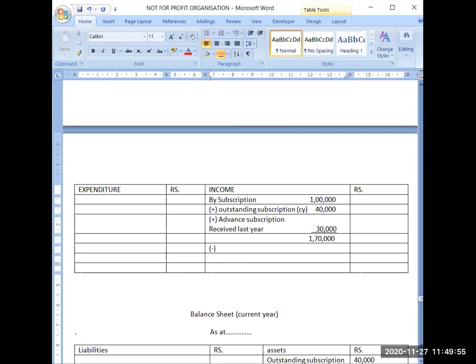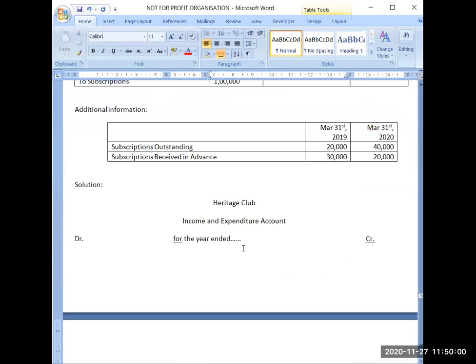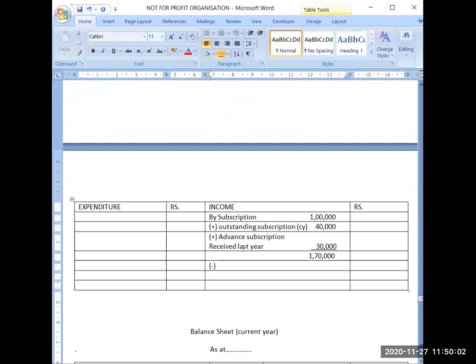Now we will subtract outstanding subscription last year because it would have been received in the current year.